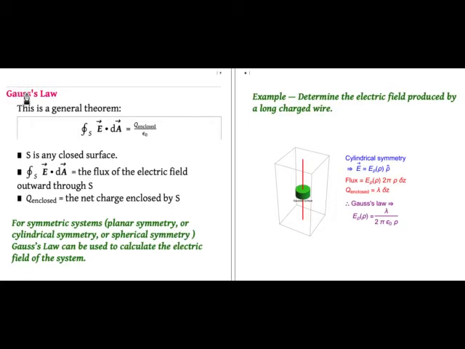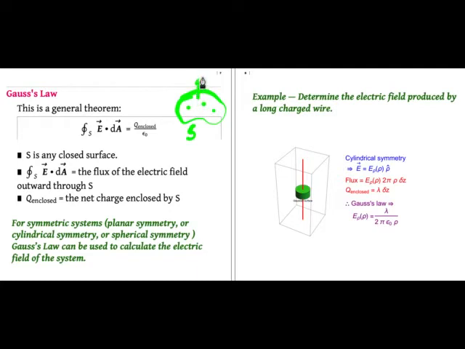And the second example will be using Gauss's law. Gauss's law is this general theorem. The integral of E dot dA is Q over epsilon 0, where this is a closed surface. So S is a closed surface, like a sphere or something, and there are charges inside the volume enclosed by S. The left-hand side is the flux of electric field out through the surface.